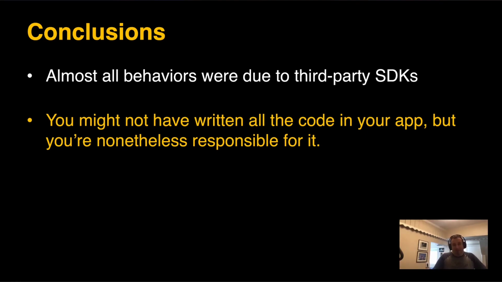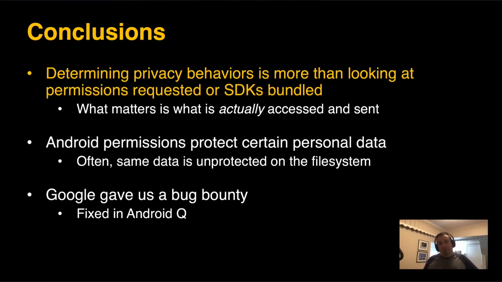They're releasing the apps with their name, and those apps are violating these policies. But they might also be violating their own privacy policies if the developers aren't aware what data collection is actually taking place. And so, looking at what the privacy behaviors are of an app is a lot more than just looking at what permissions were requested or whether SDKs were bundled. What matters is what's actually being sent.